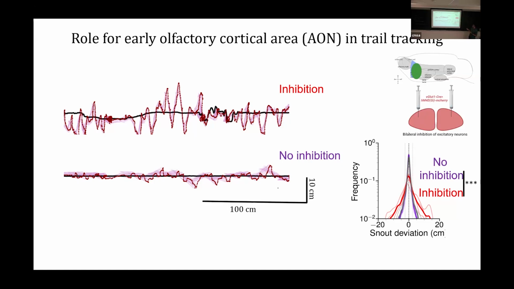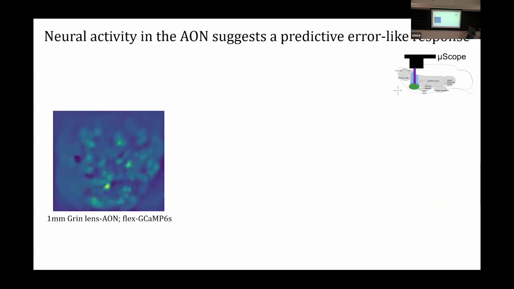So again, the point here is that we express a specific type of ligand-based receptor in some of these neurons bilaterally in the AON, and we shut them down by providing the ligand, so you can inhibit those neurons acutely. And if you don't, you find that the animals are fine. So in this case, it's the same animal, as opposed to the sham and the AC cut, which are different sets of animals.